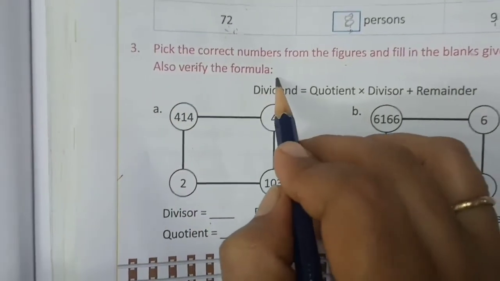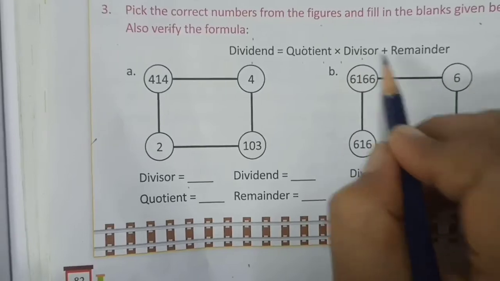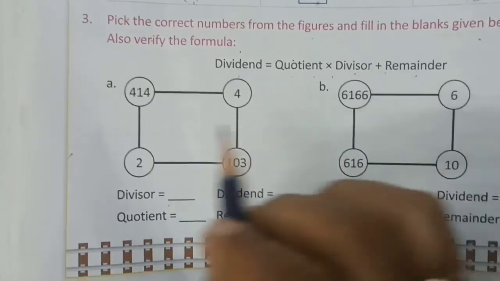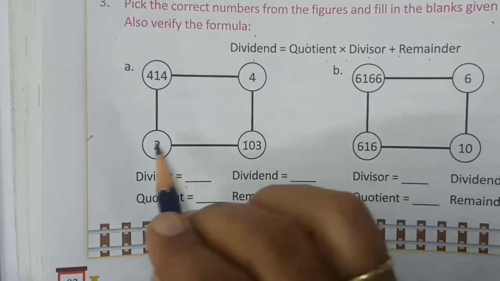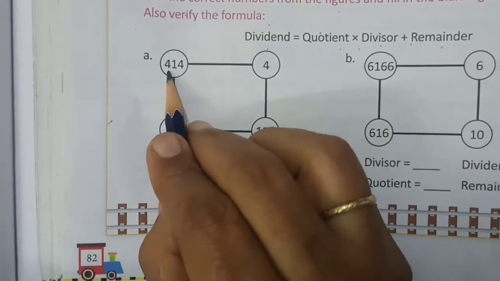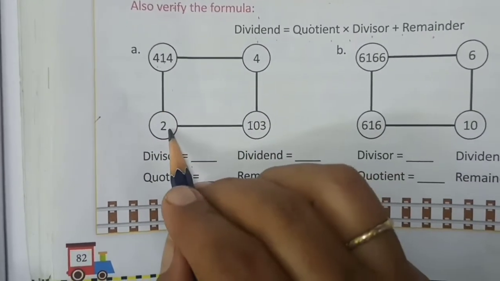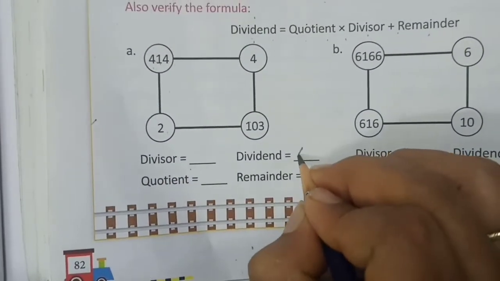Okay, now here pick the correct numbers from the figures and fill in the blanks given below. Also verify the formula. See, dividend is equal to quotient multiply divisor plus remainder. Children, here 4 numbers are there, and you know the dividend is always larger than the other numbers. So 414 is the dividend.